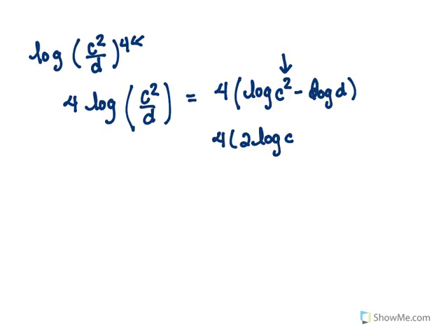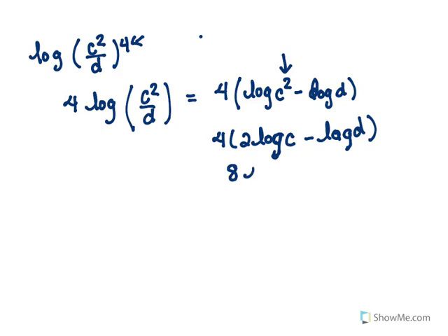So I have 4 times 2 log c, sorry guys, minus log d. So 2 log c minus log d. Now we're going to distribute that 4 in there.